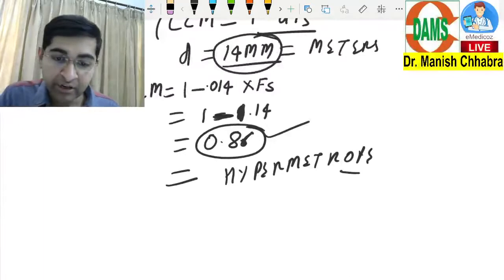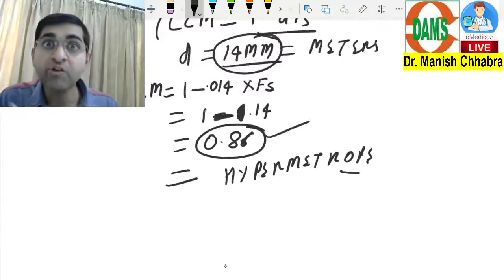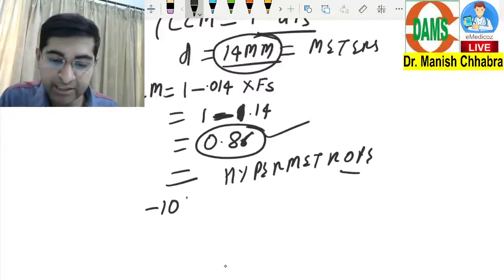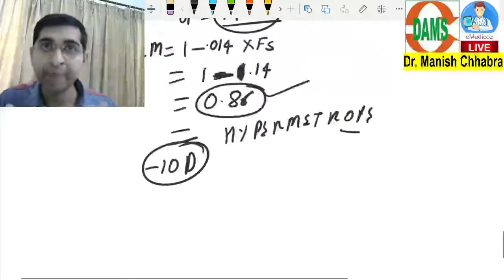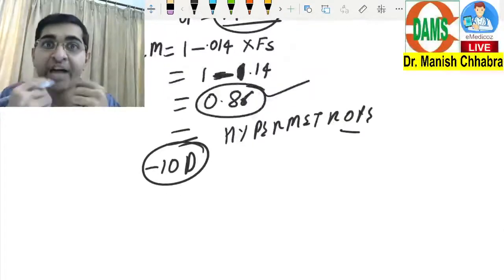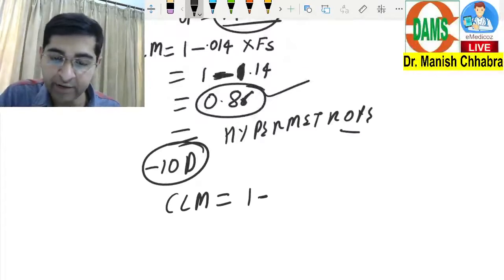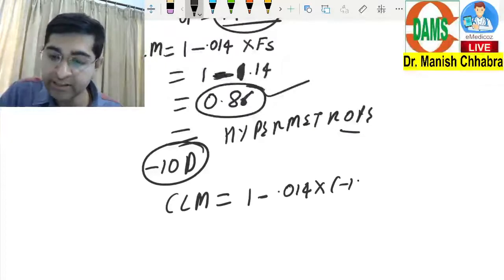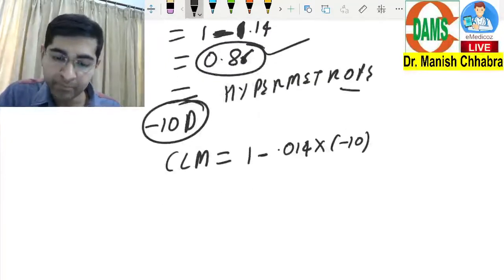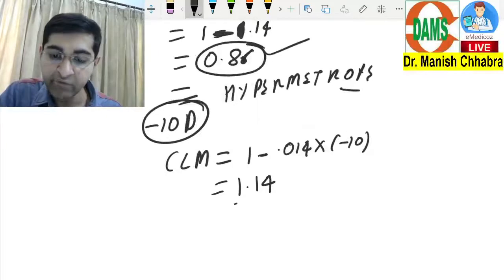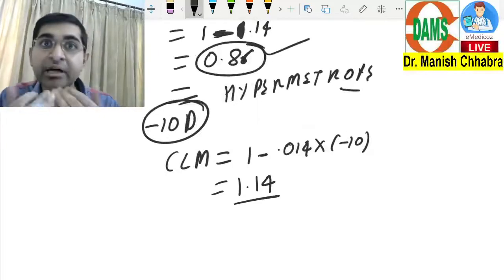But if we are talking of myopes, if there is minus 10 diopter of myopia and we want to prescribe him contact lenses, the contact lens magnification will be 1 minus 0.014 into minus 10, so it will become 1.14 because minus will become plus.